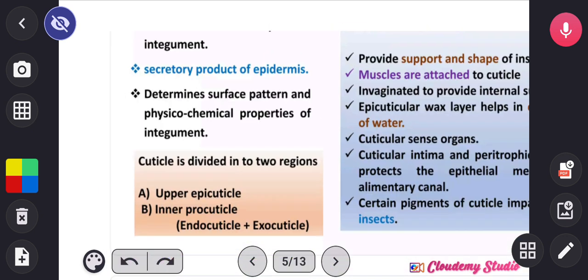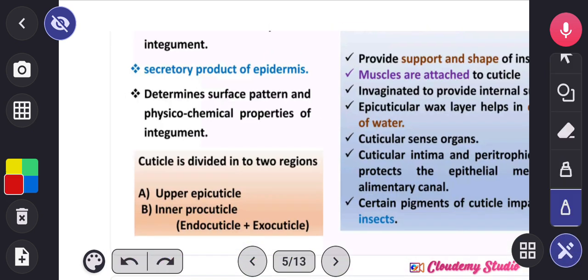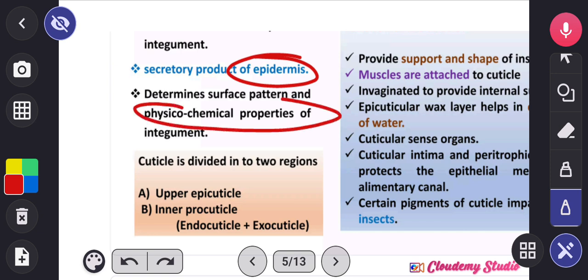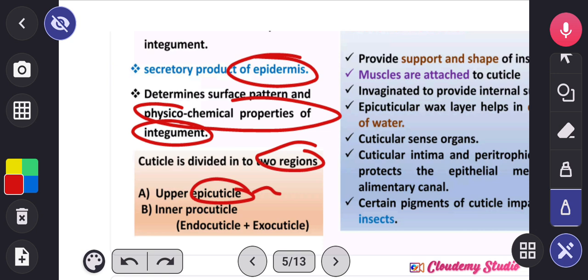You have to know that the cuticle is the secretory product of the epidermis, and it determines the surface pattern and the physicochemical properties of the integument itself, which means it is produced from the epidermis and it determines the physicochemical properties of the integument.